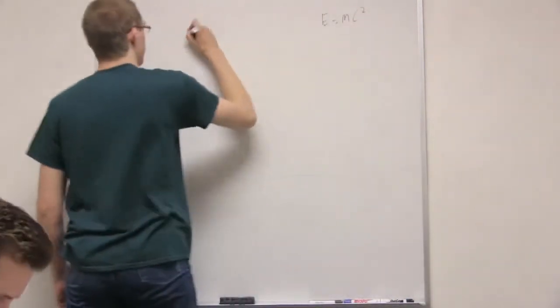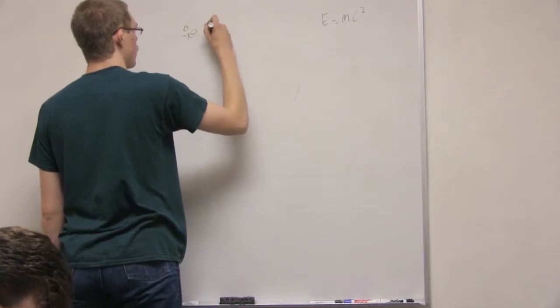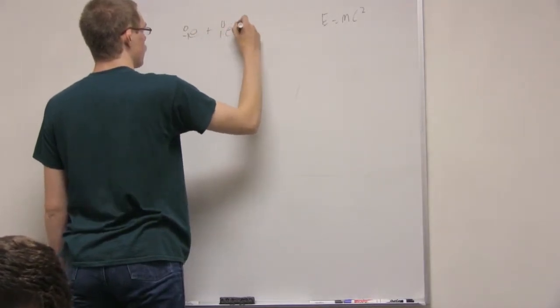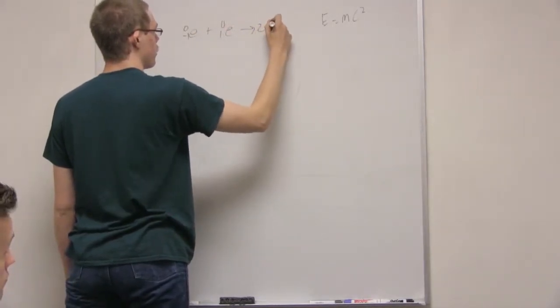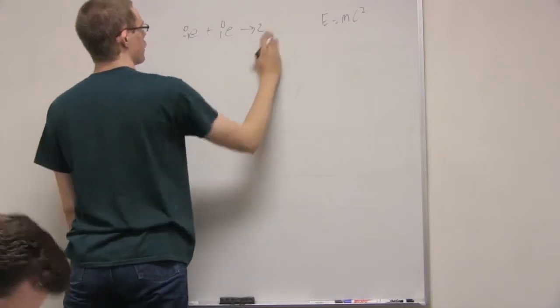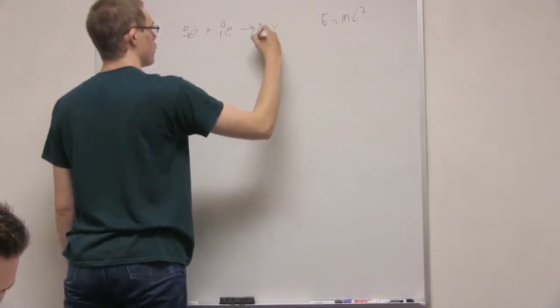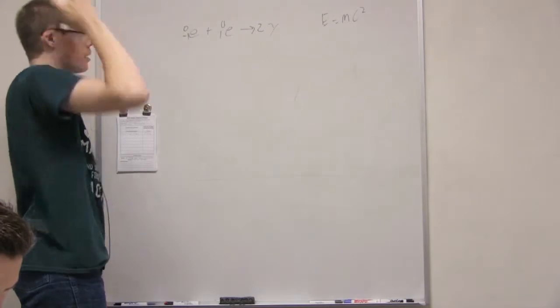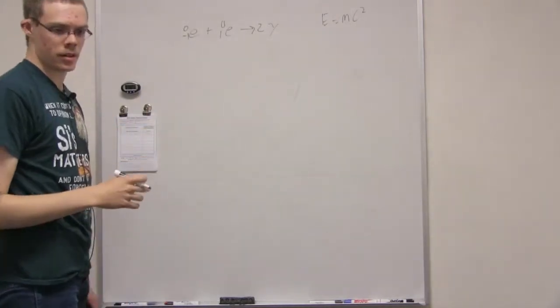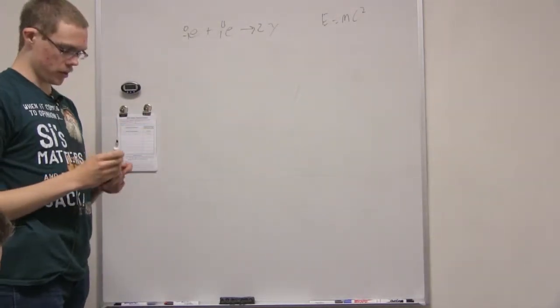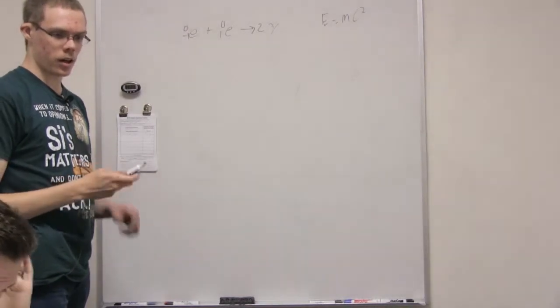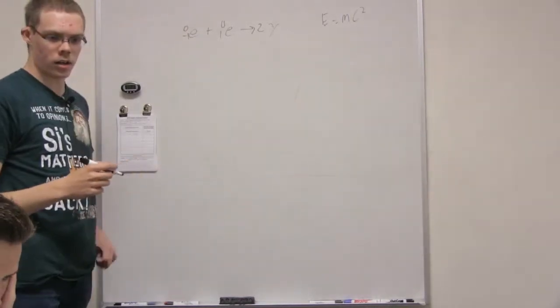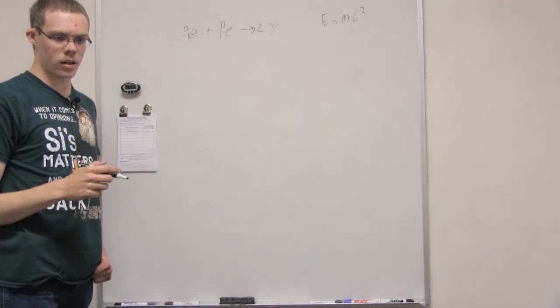Where we have an electron and a positron colliding to form gamma rays. Oops, that's wavelength. So what we do here is we add up. Well, I guess you tell me what we should do here. We're supposed to do the same thing where we add up, but don't we have to know the standards for what those are?